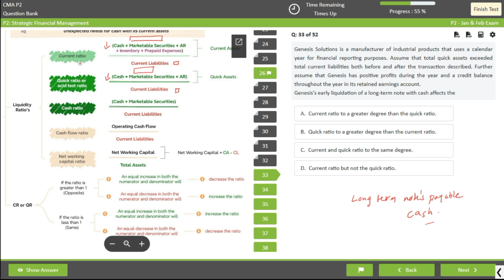So the effect on the current ratio will be much lower, and here the effect will be higher. So the quick ratio will be impacted to a greater degree than the current ratio because of the numerator.